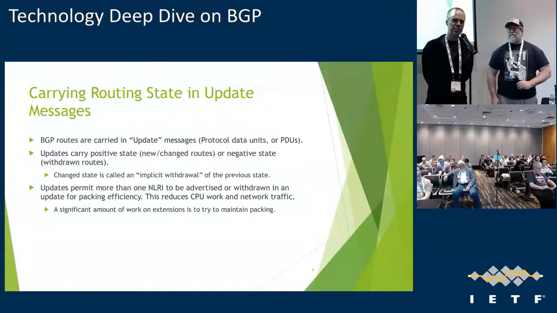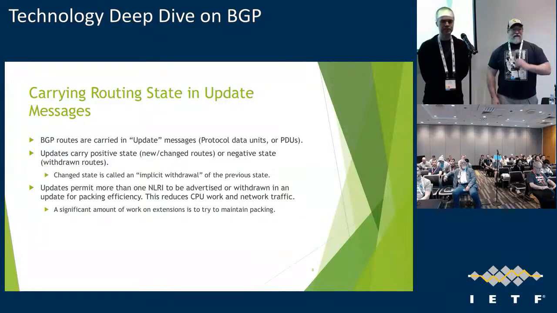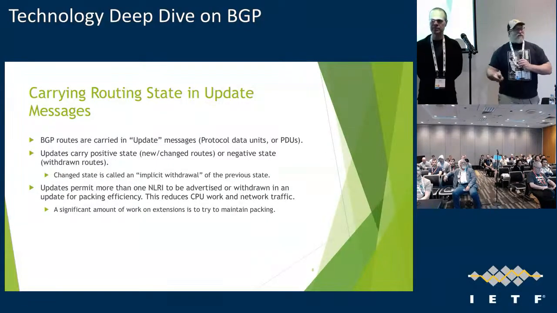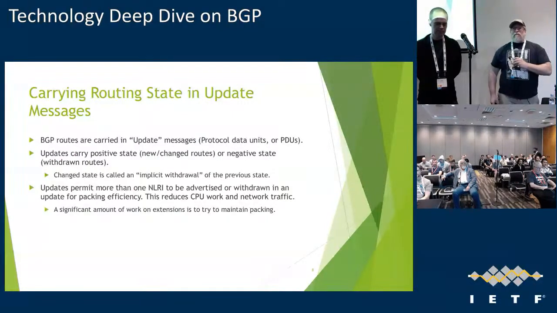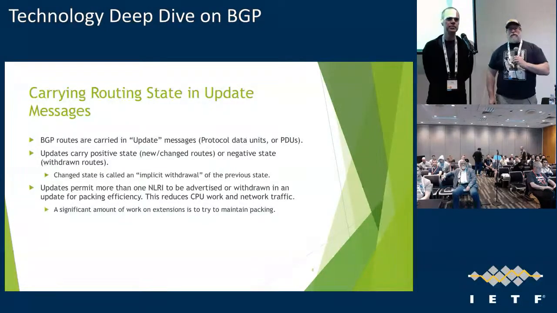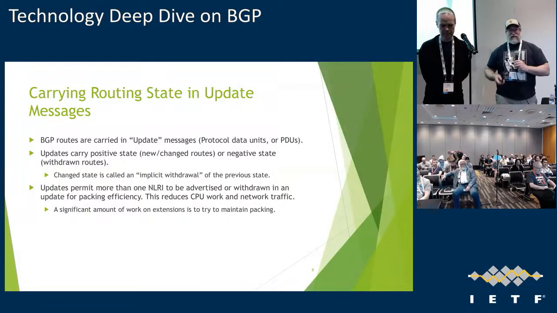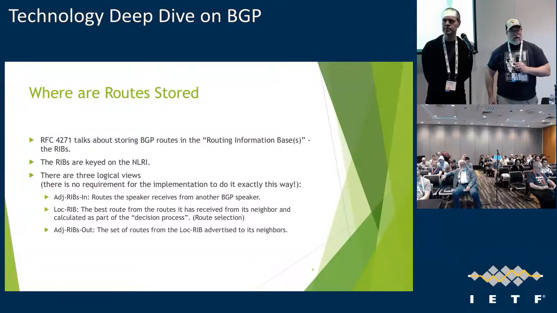This ends up making a big difference in efficiency. And the efficiency, and this is one of the hidden messages behind BGP, the reason why you care about packing is that you tend to see the CPU load for BGP mostly on a per update PDU basis. Most of the work is taking your path attributes and building your data structures and doing stuff with them. So there's a good incentive to try to amortize that work.